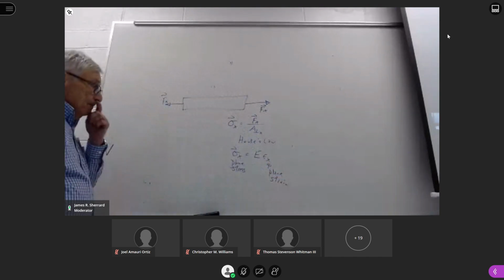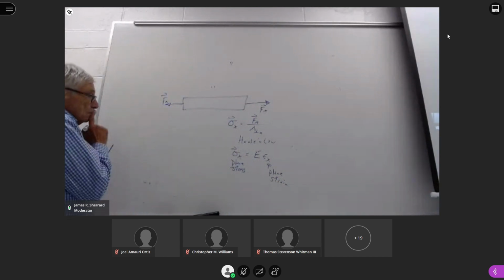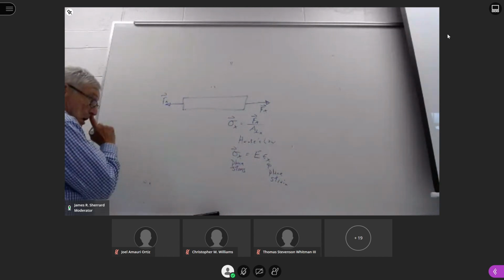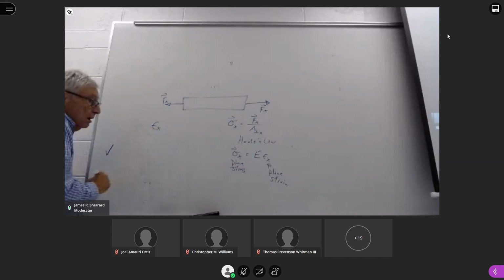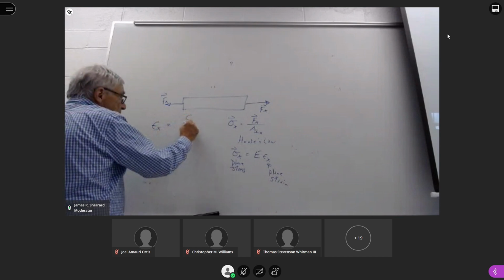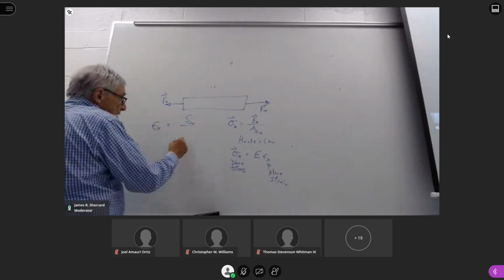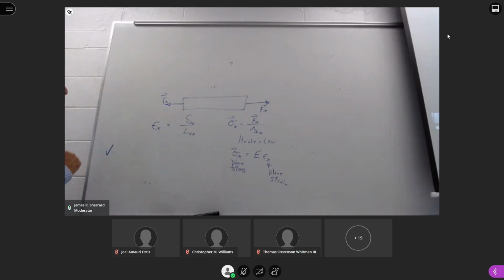This is plane strain. We also know that we can find plane strain as deformation in the x direction divided by the original length in the x direction of that member.